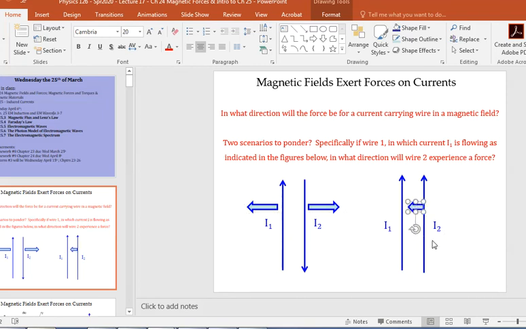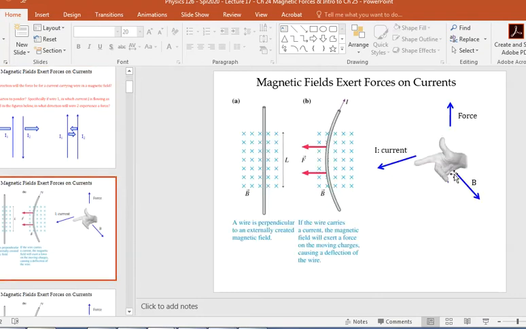Let's take a look at the other scenario where I2 is creating a magnetic field, where if I use my thumb as the first right hand rule, it's generating a magnetic field in this region I1, which is coming out of the screen. So again, use the second right hand rule. Index finger points up, the middle finger is pointed out of the screen, and therefore your thumb is now pointing to the right. So you should be getting that these wires should attract in this case, and the wires should repel in this case.